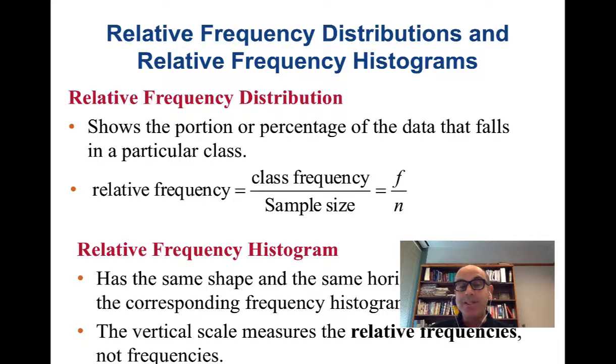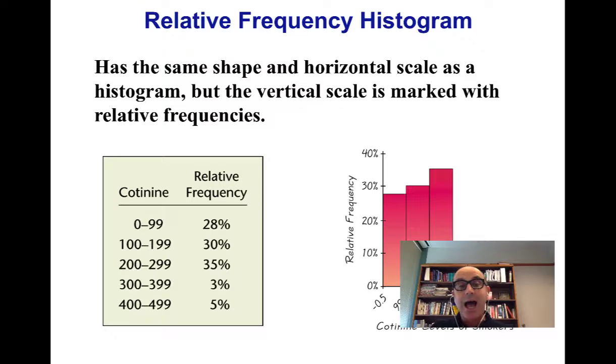The relative frequency histogram has the same shape and the same scale as the corresponding frequency histogram. So again, how the frequency is laid out gives us a sense that the frequency is usually on the Y scale, and that's how we display that.